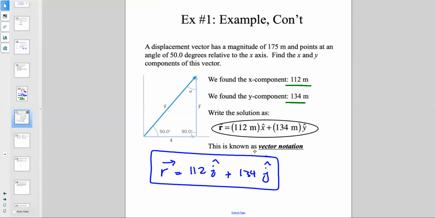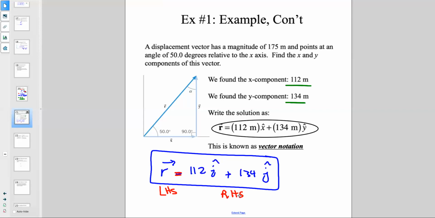Okay, so this is known as vector notation. I am using a different type of notation to write what I want to say, right? So both sides are vector. Both sides are vector. Very important. Left-hand side is a vector.